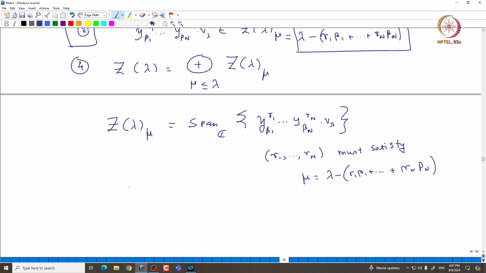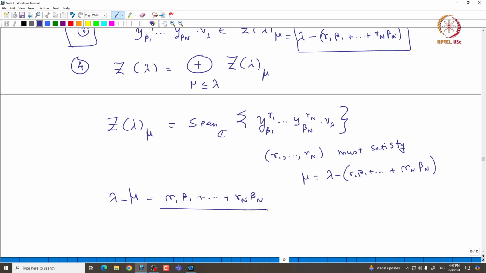That means if you fix μ, then we are already fixing λ, so then λ minus μ becomes R1 β1 plus etc. plus Rn βn.